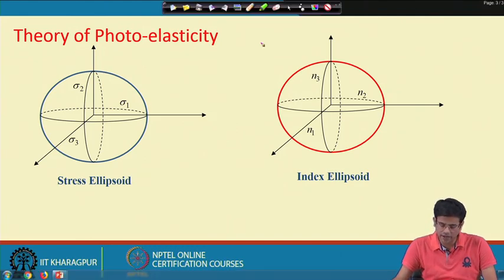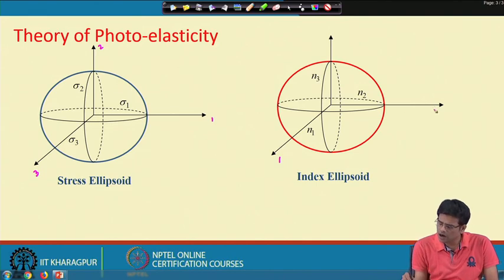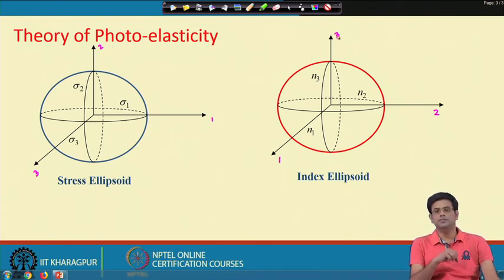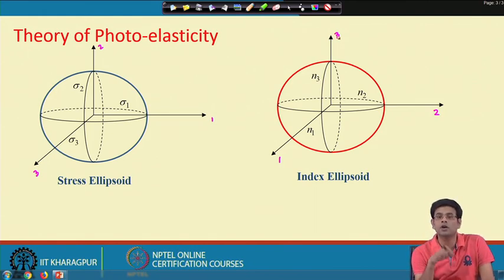If you have refractive indices n1, n2 and n3 in the 3 directions, then this can be represented similarly. This index ellipsoid is very similar to the stress ellipsoid, so naturally these two are very much correlated. If you know the index ellipsoid, you can obtain the stress ellipsoid, or vice versa. So, the stress ellipsoid and index ellipsoid are related, and this is the basic principle of photoelasticity, or essentially transmission photoelasticity.